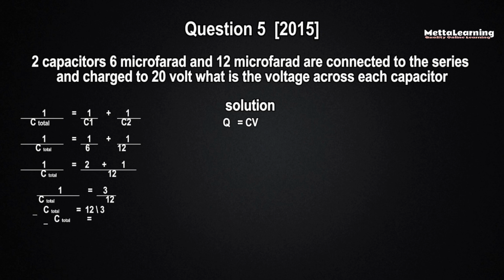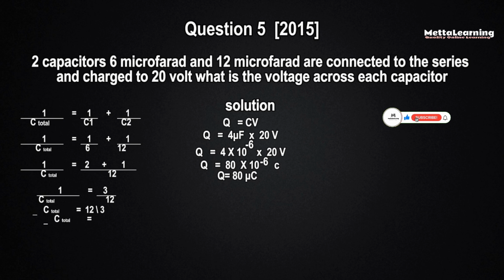What is the equivalent capacitance? That is 4 microfarad. So we plug this into our formula. We have Q equals 4 times 10 to the power minus 6 farad times 20 volts. So we have 80 times 10 to the power minus 6 coulombs, which can also be written as 80 microcoulombs, as the quantity of charge on the capacitors.